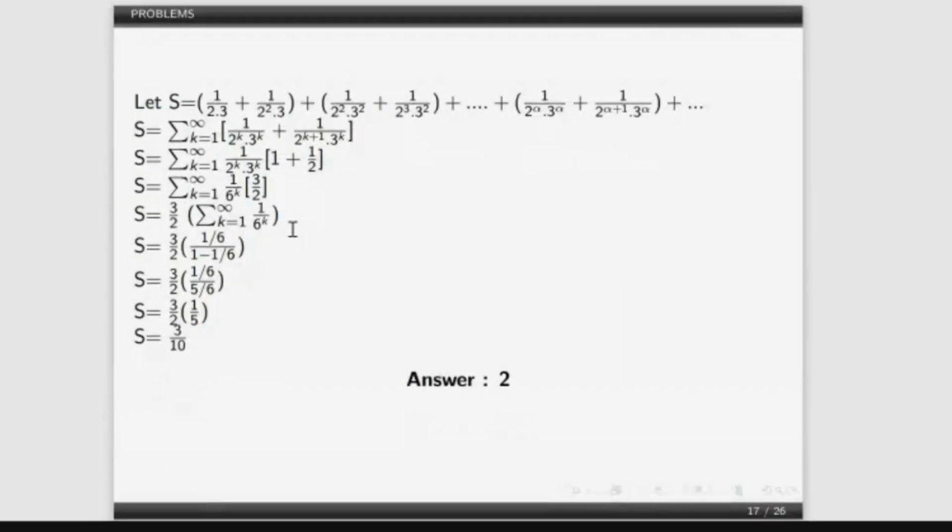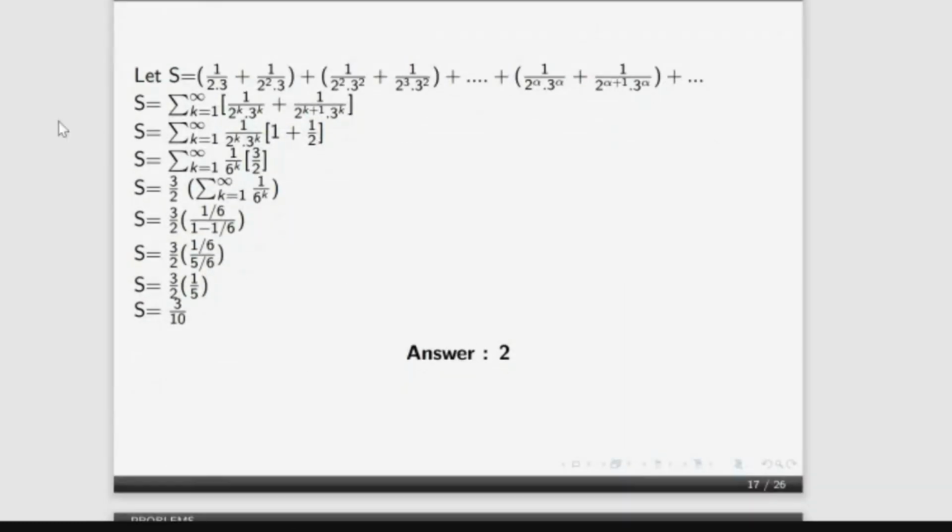Answer is correct. So the way in which we are proceeding is, I've taken the general term just like they are given. So we are taking summation k equals 1 to infinity 1 by 2 power k 3 power k plus 1 by 2 power k plus 1 3 power k. So what I'm doing is I'm taking 2 power k 3 power k commonly outside.